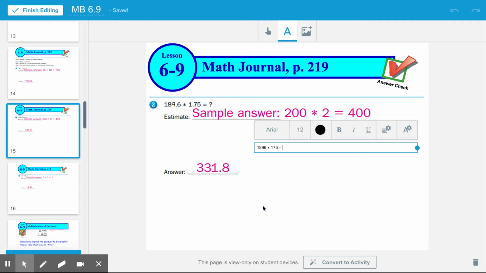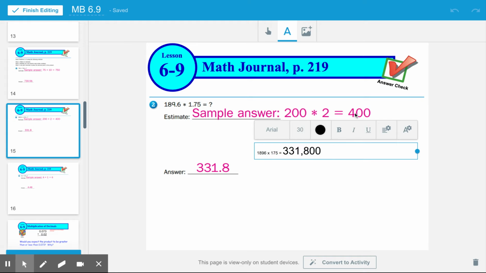So 1,896 times 175 is going to equal 331,800. So when I see that answer there, and I'm looking at this part, let me make that larger for you. I see this number, this answer.